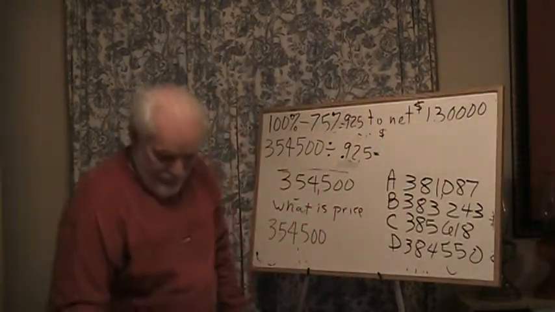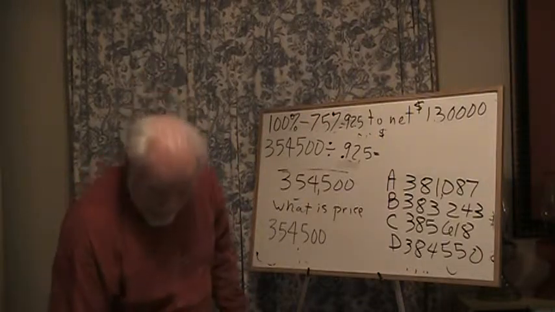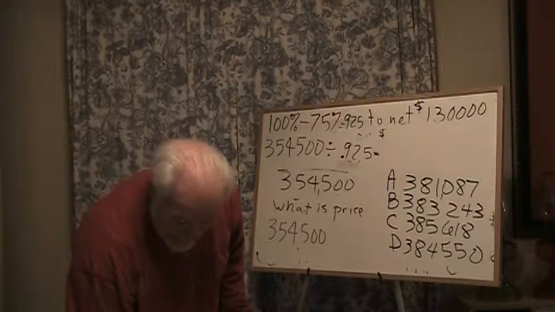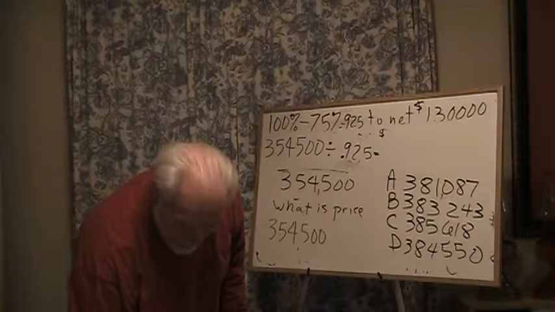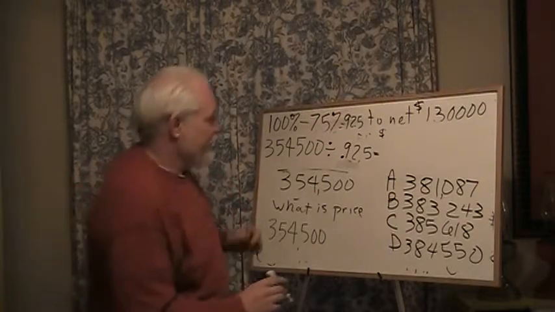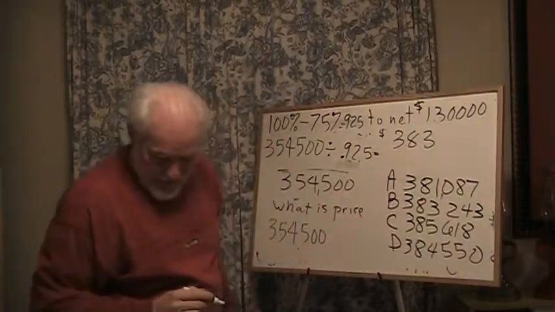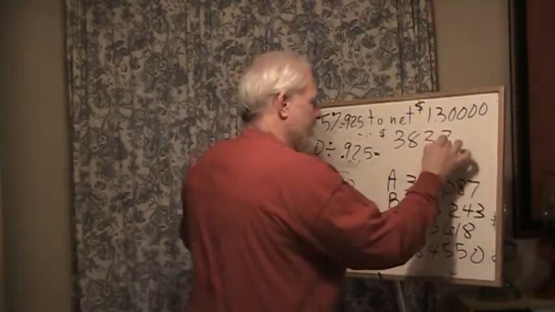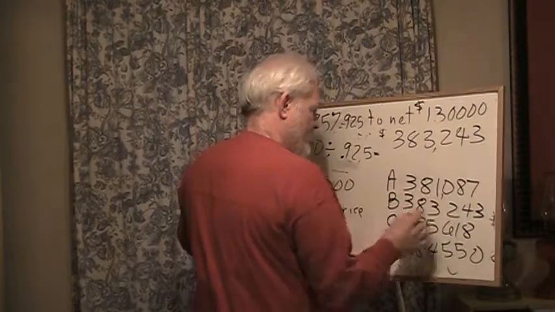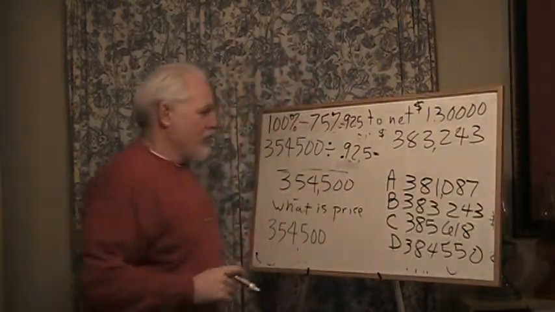All right, I got the 354,500 on the face of my calculator, divided by 0.925. My calculator says 383,243. Well, that's one of the choices.